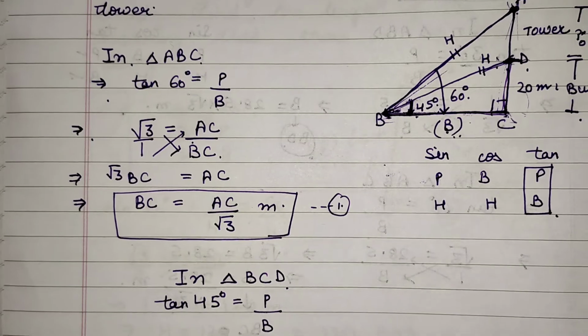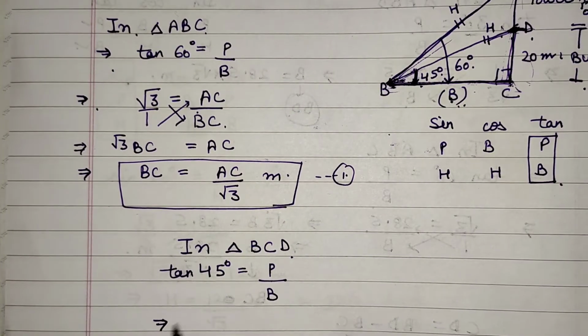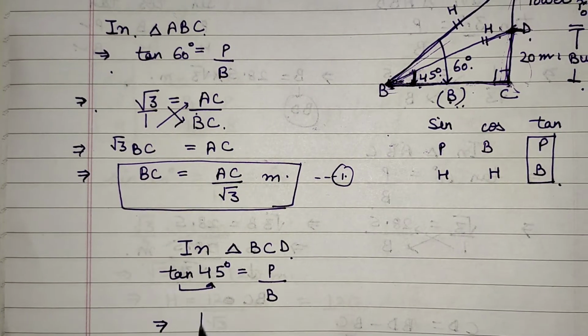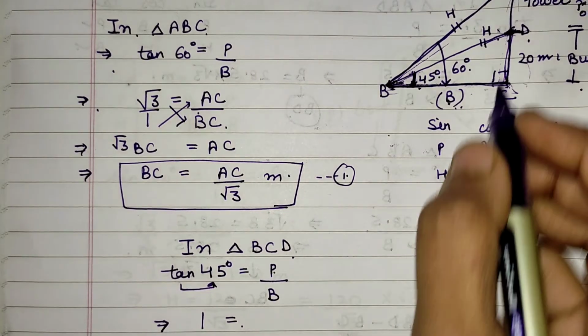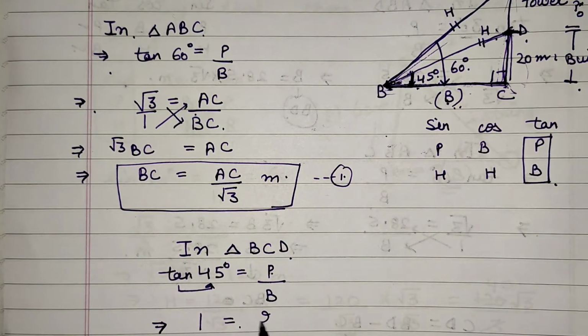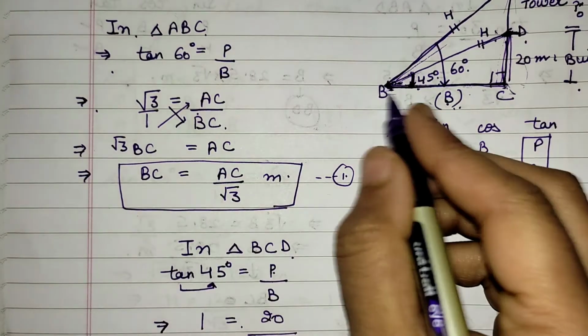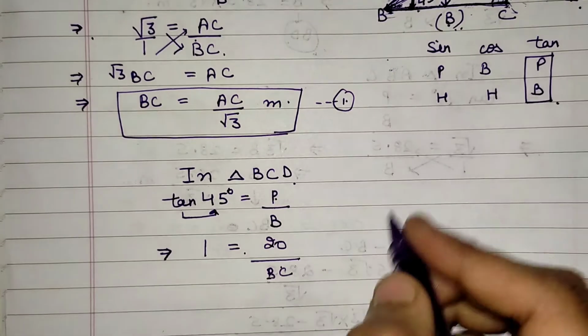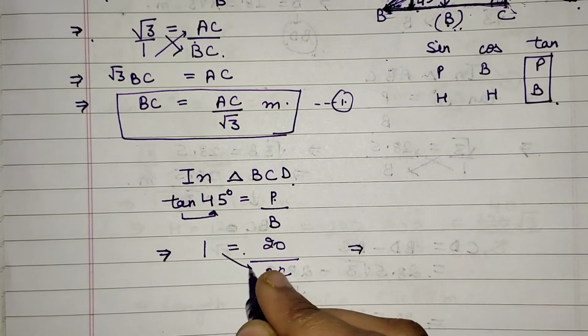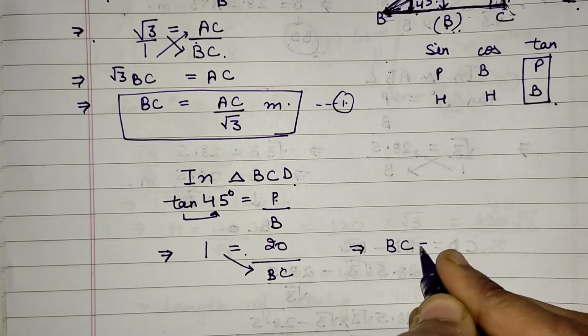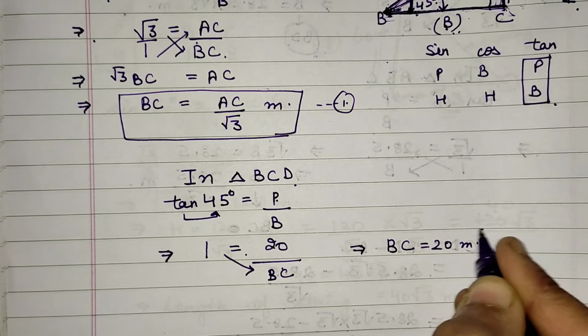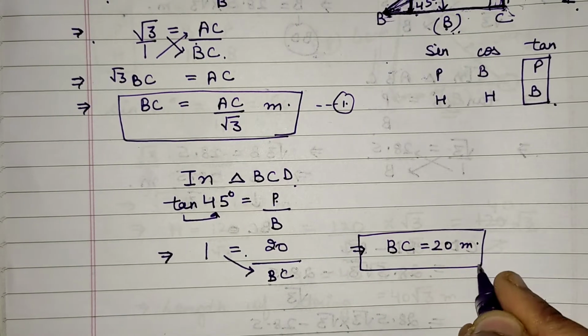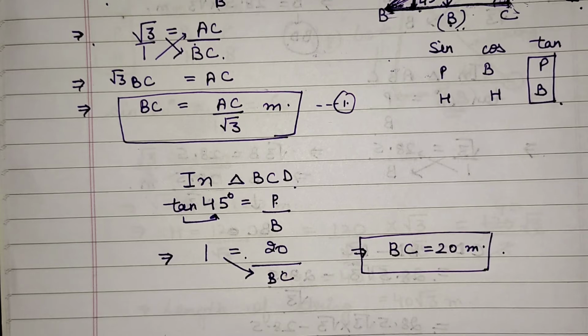Tangent is equal to perpendicular by base. So tan 45 is 1. Perpendicular is given to me equal to 20, and base is my BC. So if I do cross multiplication, BC is equal to 20 meter.